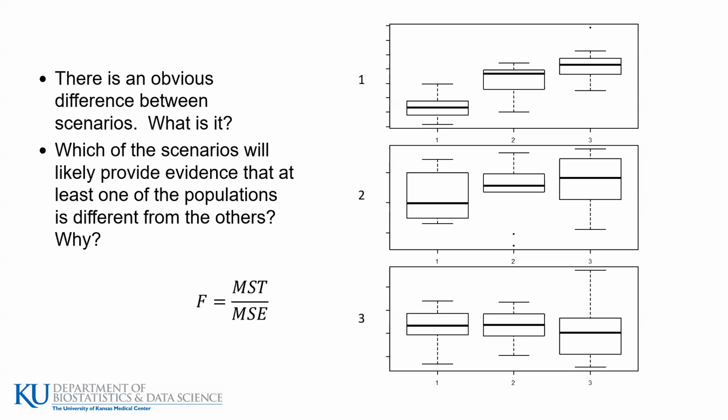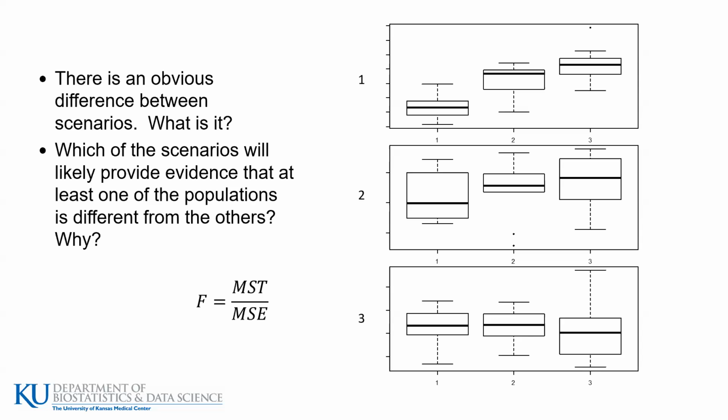So in the first scenario here on the top, we can see that the medians are clearly different across the 3 groups. So group 1 is lower, group 3 is the highest, and then group 2 is in between. In the second scenario, we can also see that the medians are different between the 3 groups.